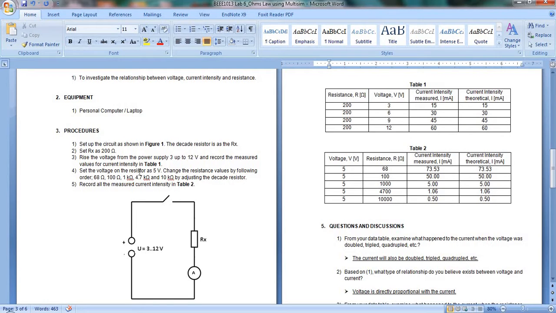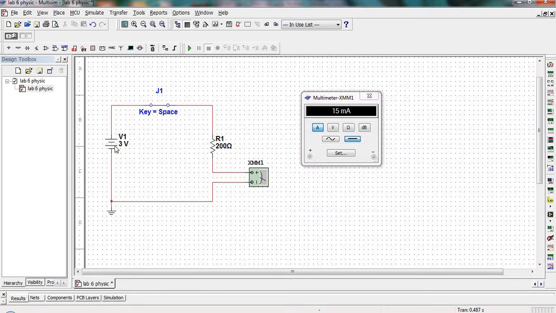The second part is I need to use a 5 volt power source, and this time change the resistance value from 68 ohm until 10,000 ohms, and this is how it's done.